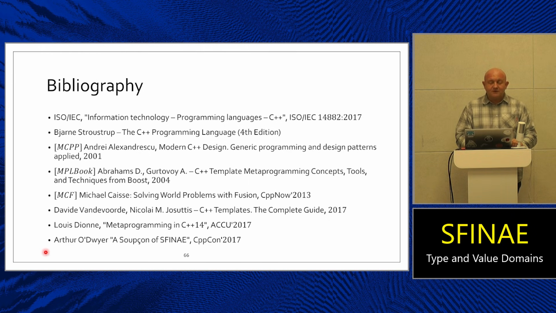And a great talk by Louis Dionne, Metaprogramming in C++14, a bridge to the modern view. He shows how many old template tricks can be expressed more clearly with constant expressions. And finally, I would recommend a talk by Arthur Dwyer. I already mentioned Arthur Dwyer in the Impl hack.